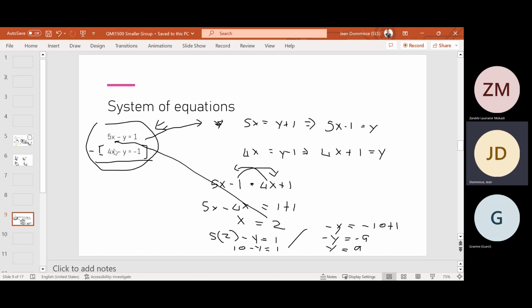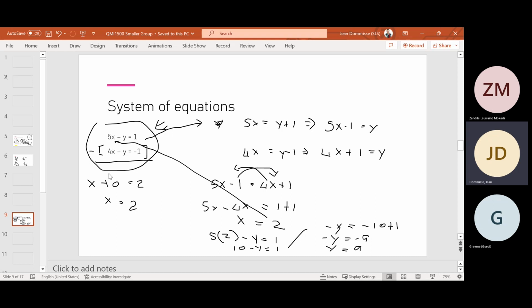So 5x minus 4x is x, minus y minus minus y, so minus y plus y is 0, and that is equal to 1 minus minus 1, which is 1 plus 1. So x is equal to 2, which is the same as we got here.